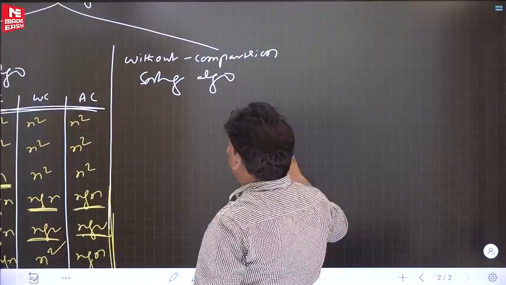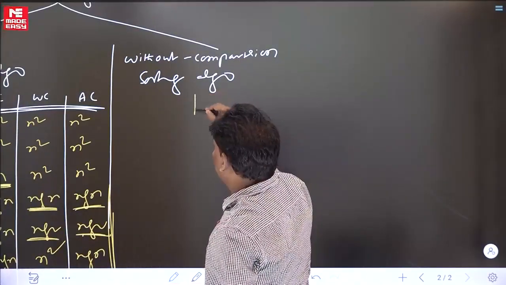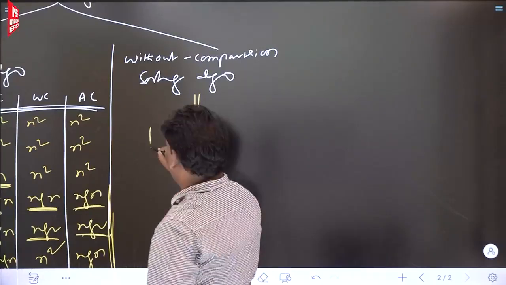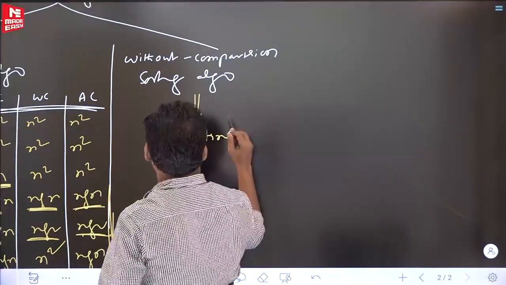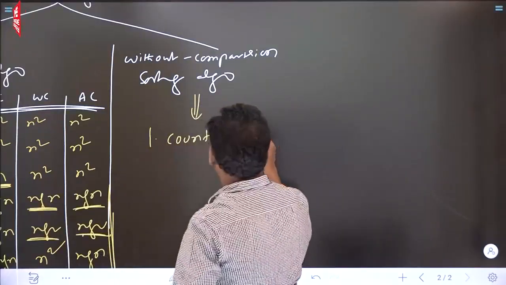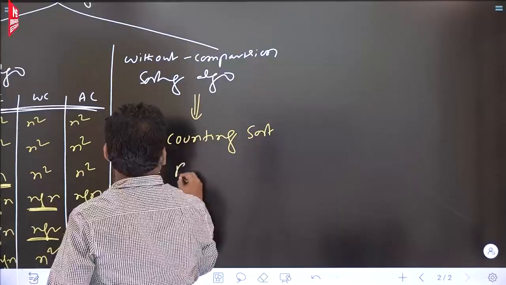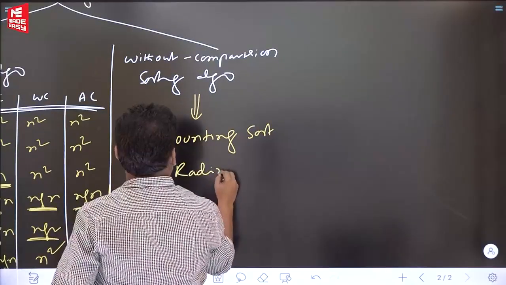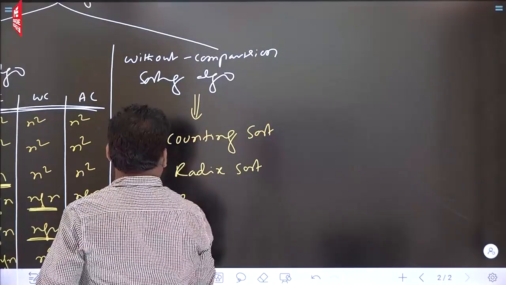Let's come to the next one. Sorting algorithms are of two types: with comparison and without comparison. The without comparison sorting algorithms are: one, counting sort; two, radix sort; three, bucket sort.